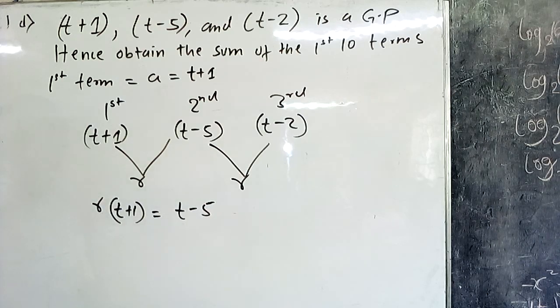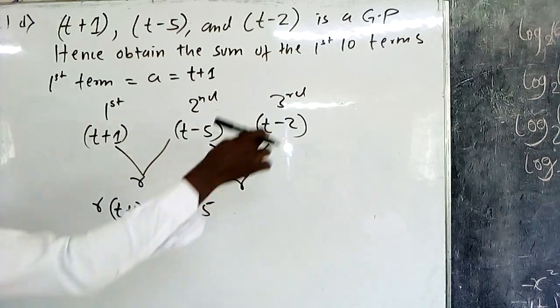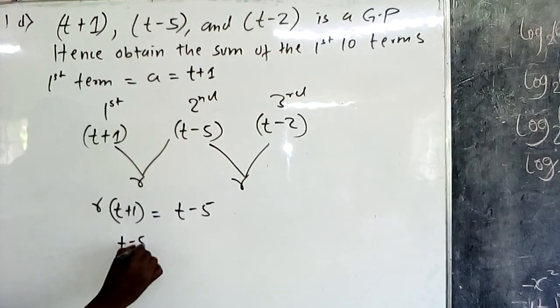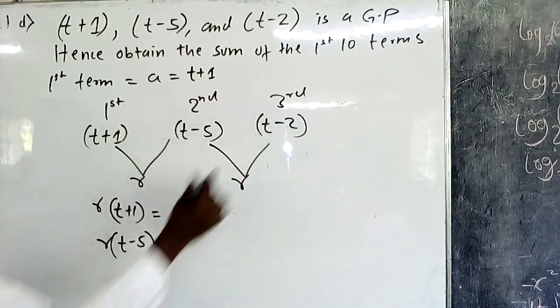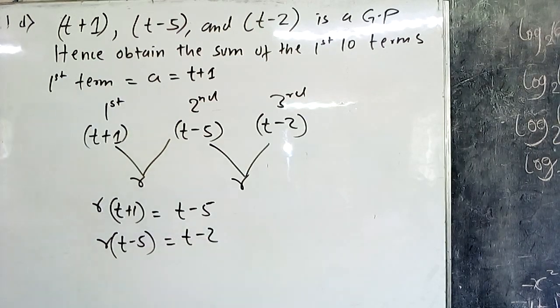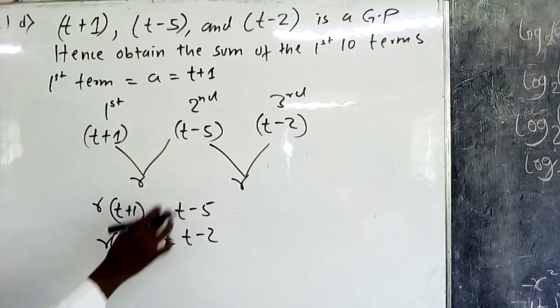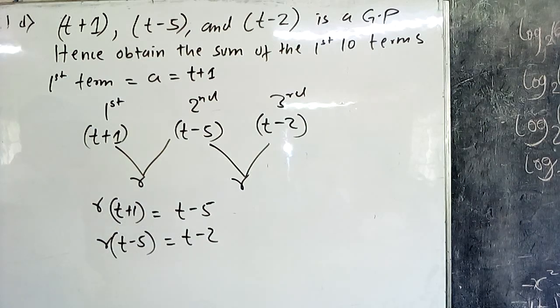At the same time, t minus 5 multiplied by r gives you t minus 2. So you make r the subject of the formula and you equate the two equations.